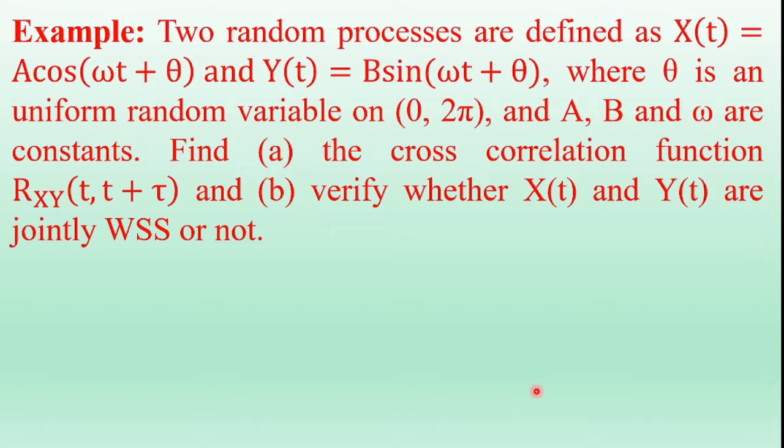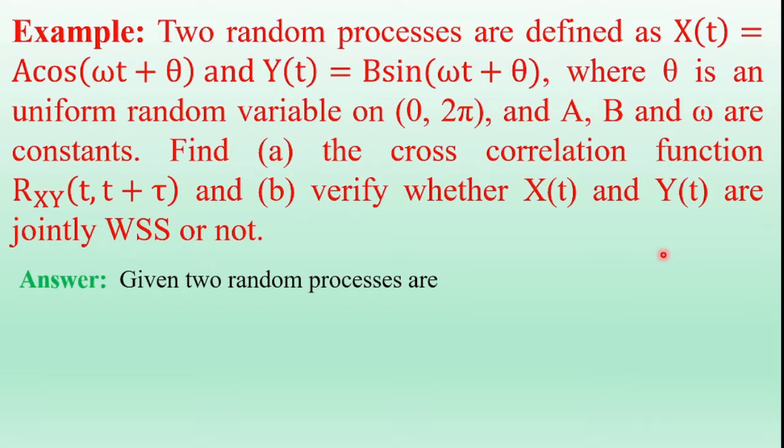The example is: two random processes are defined as x of t equals A cos of omega t plus theta and y of t equals B sin of omega t plus theta, where theta is a uniform random variable on 0 to 2 pi, and capital A, capital B and omega are constants. First bit, find the cross correlation function, and second bit, verify whether x of t and y of t are jointly WSS or not.